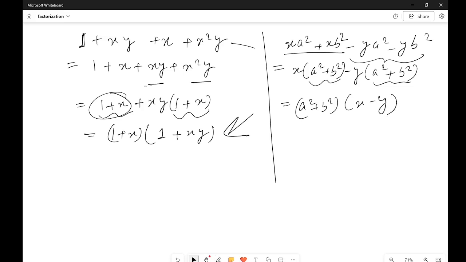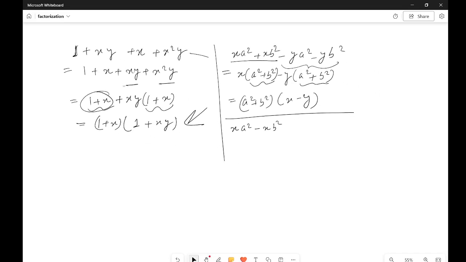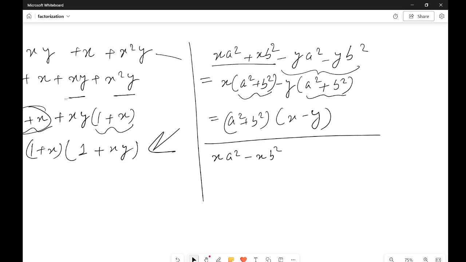Okay, now if I make a little bit of change to this expression, let's say the expression is x a square minus x b square plus y a square minus y b square.